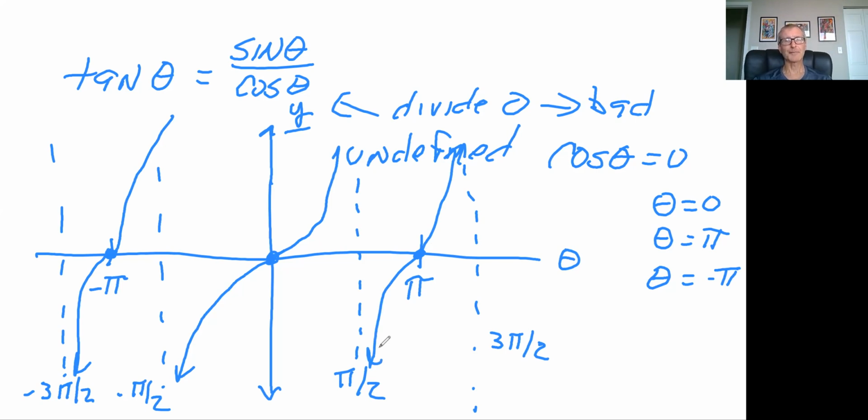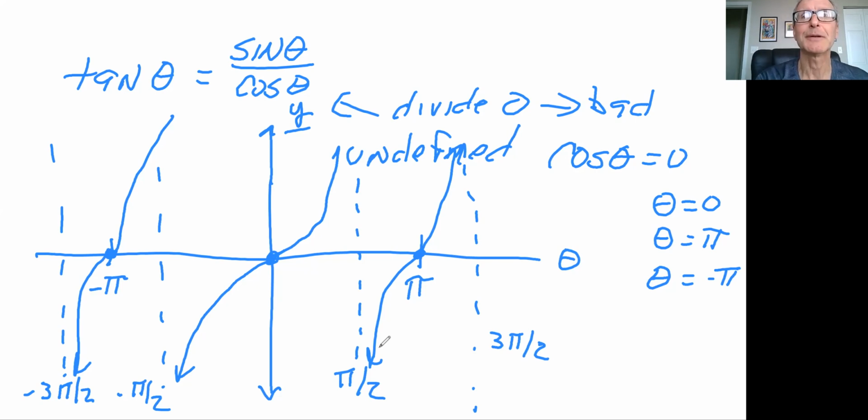The idea is that as you move to the right, the values are increasing. And when you move to the left, you can see that it's going down to minus infinity towards minus pi over 2, minus 3 pi over 2, etc. One of the other things is that you see that this has a period, right? It repeats itself over and over again. But what is the period?